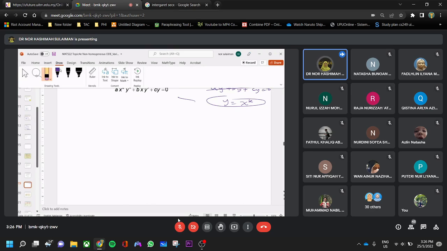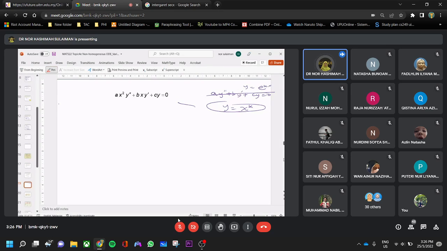As I've mentioned, the basic fundamental solution takes the form y equals x to the power of k. As usual, find the first derivative of x to the power of k, which is simply k multiplied by x to the power of k minus 1, right?